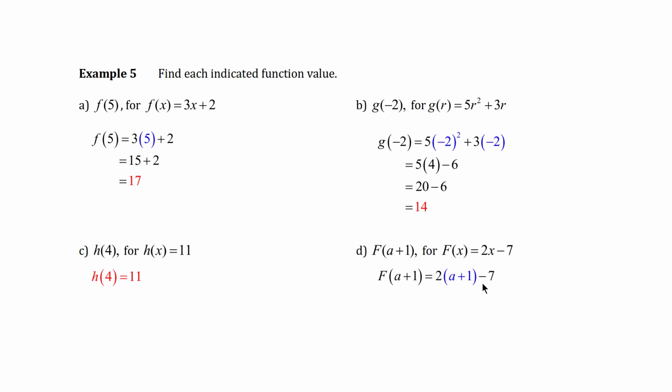To simplify this, we distribute the 2 inside the parentheses to the a and the plus 1. We get that this is equal to 2a plus 2, and then we bring down the minus 7. Simplifying this further, we get that capital F of a plus 1 is equal to 2a minus 5.